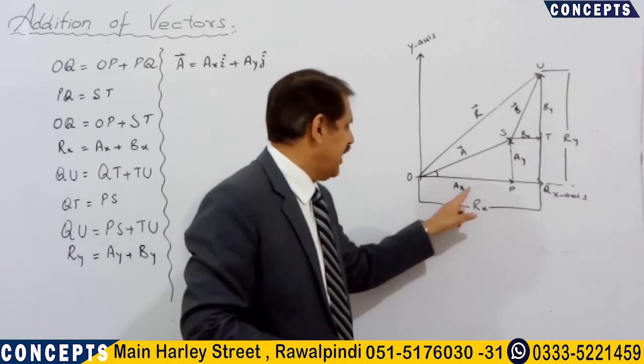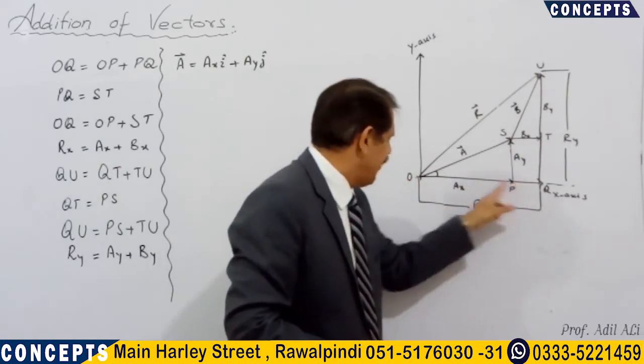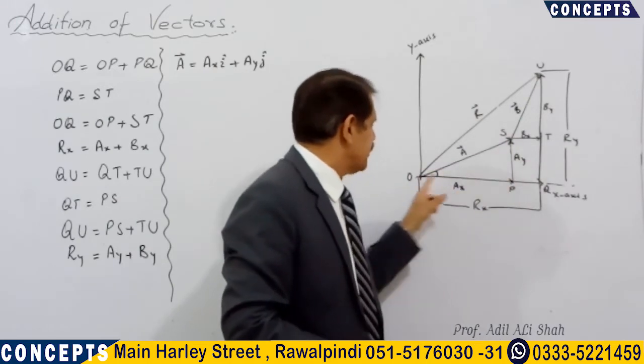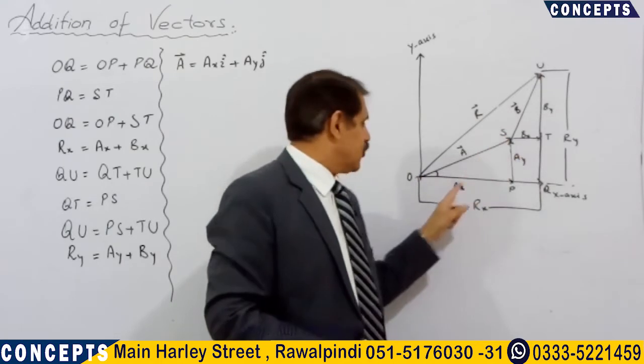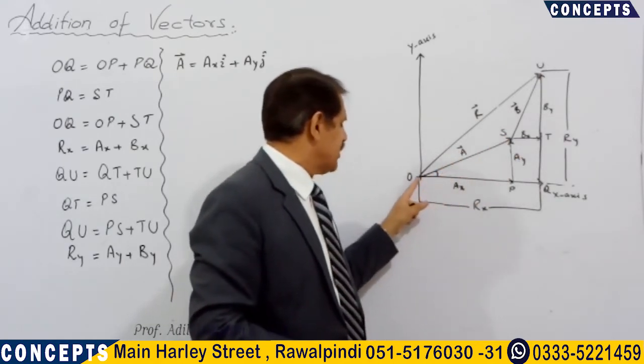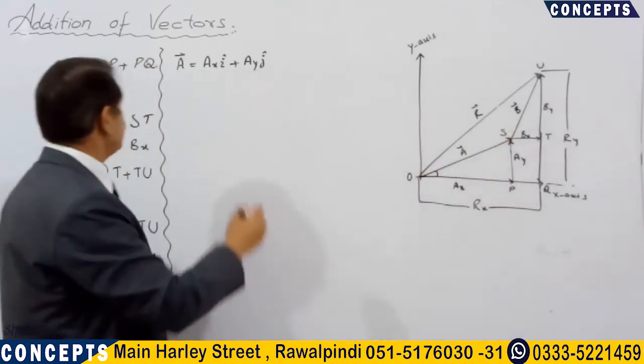You can see that with the help of the head-to-tail rule, if you sum these two, the resultant would be A. So A vector is equal to Ax i plus Ay j.